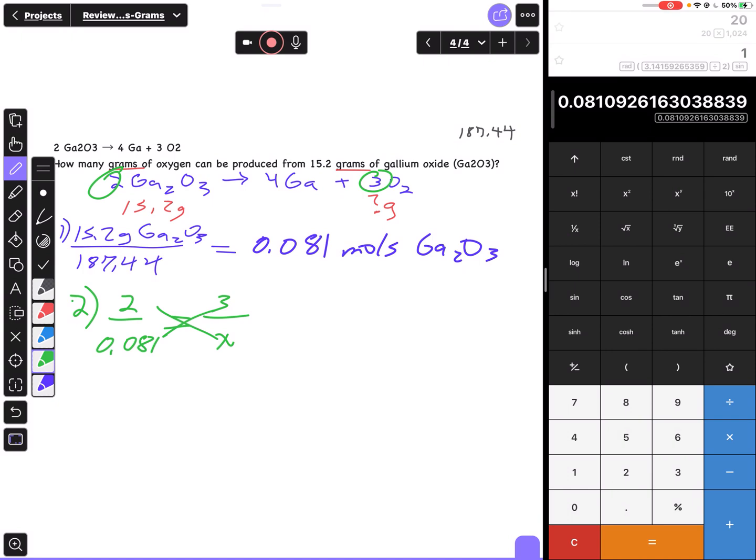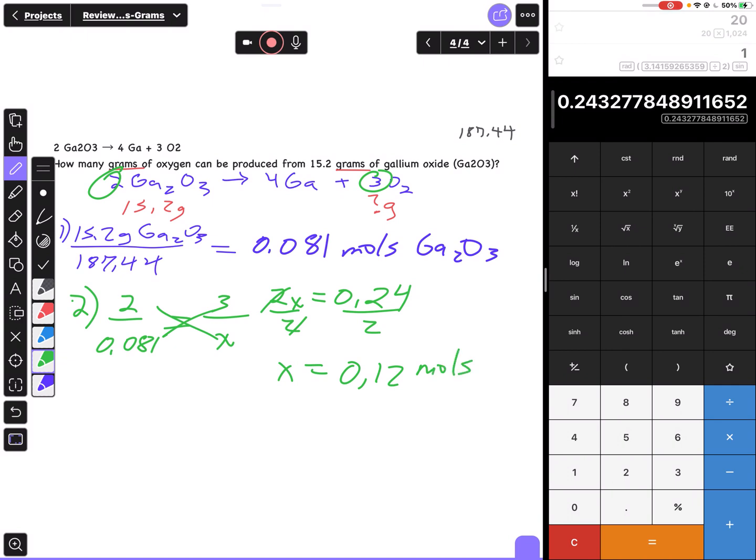And I cross multiply, I get 2X is equal to 0.081 times 3. My X would be 0.12. Now I'm in moles of what I want, and what I wanted was oxygen.